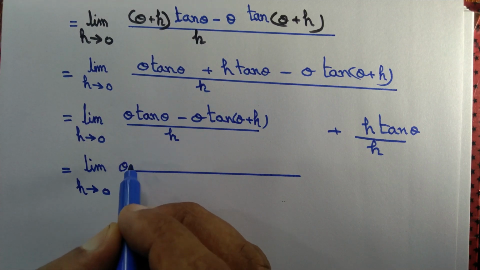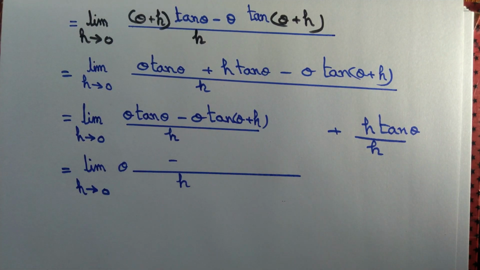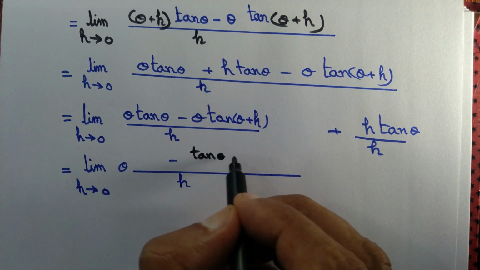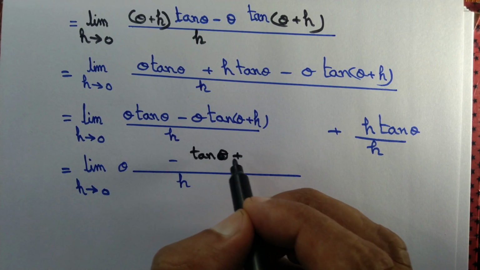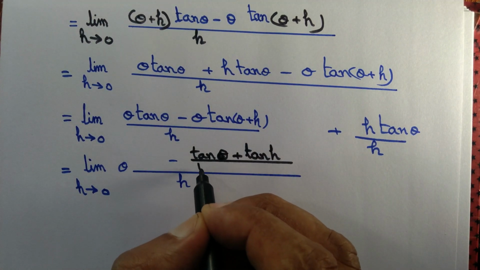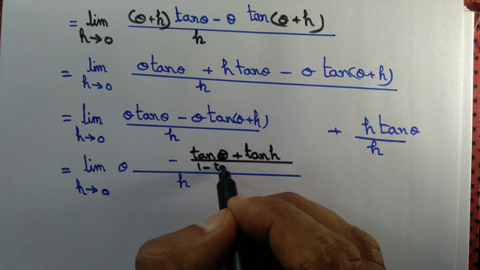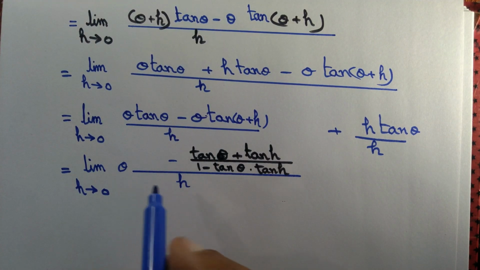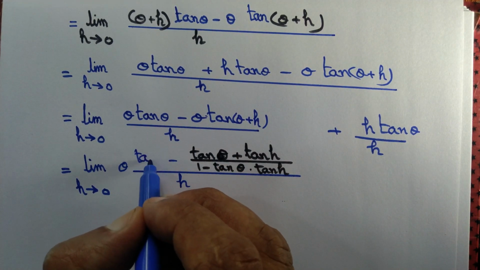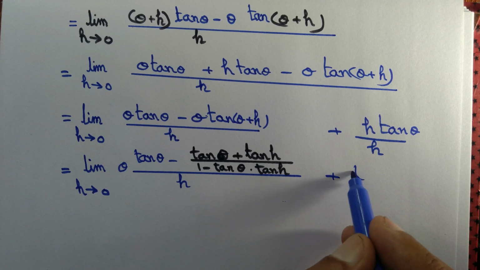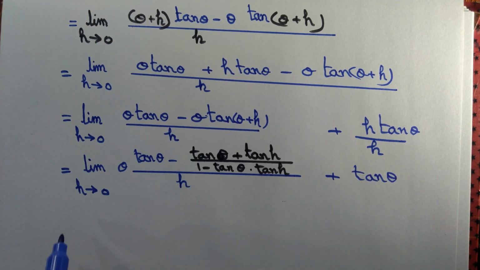We can write it as tan a plus b is tan a plus tan b, divided by 1 minus tan a into tan b. So tan theta plus tan h, divided by 1 minus tan theta times tan h. We took theta common. Tan theta we can write as it is. H and h can be cancelled, so we will be left out simply tan theta.